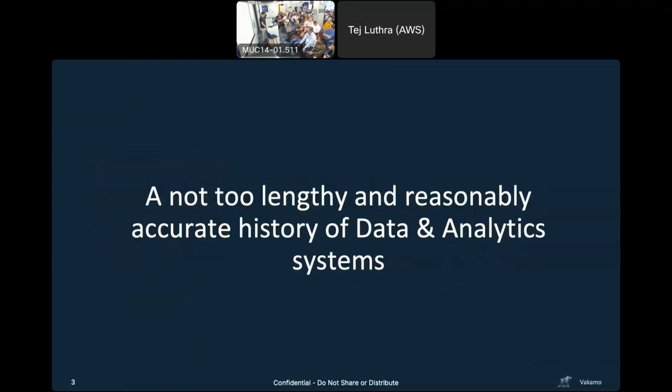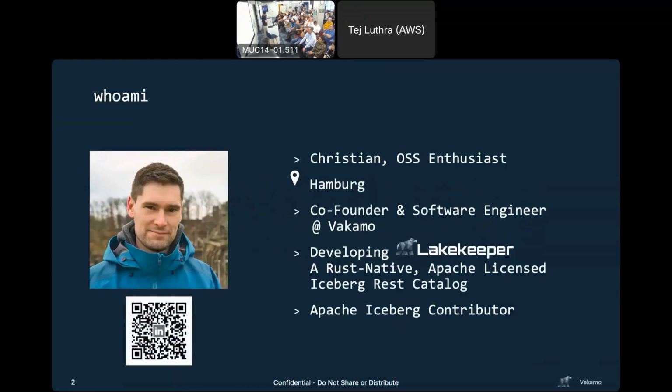First, a quick introduction of myself. My name is Christian. I live in Hamburg. I came down here mainly for this meetup. I'm a software engineer first and foremost, so I develop Rust code. And what I currently spend most of my time on is Lakekeeper. I'll talk a little bit later about what Lakekeeper is, and why you need a catalog in a lakehouse.